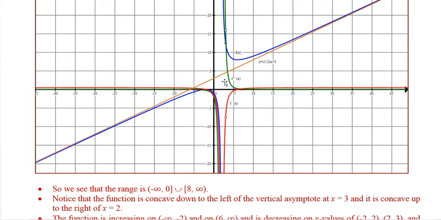You can see some characteristics of the first derivative first. The first derivative starts out positive, meaning the original function is increasing. It hits the x-axis here at negative 2, so we have a local maximum there of the original function. And then the first derivative goes negative, which means that the original function must be decreasing there.